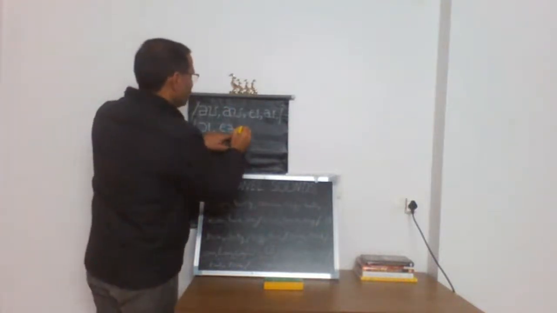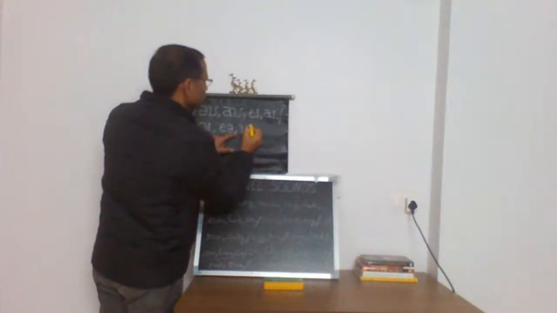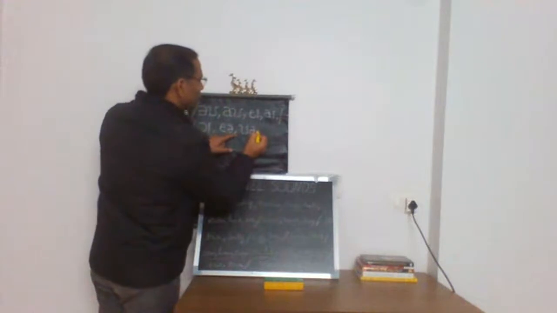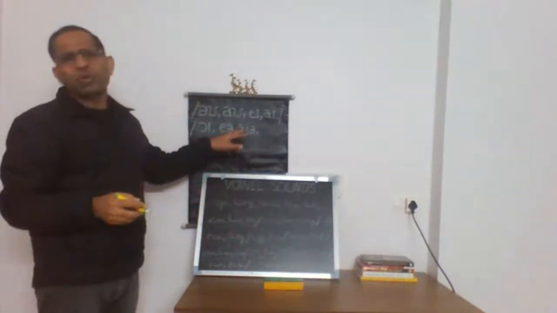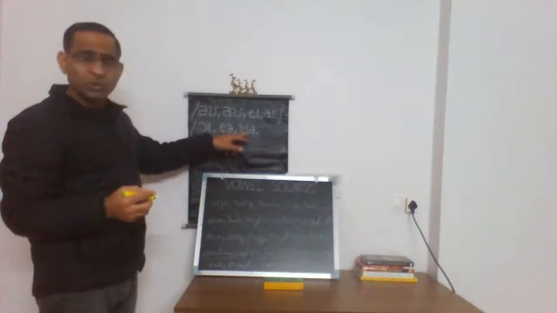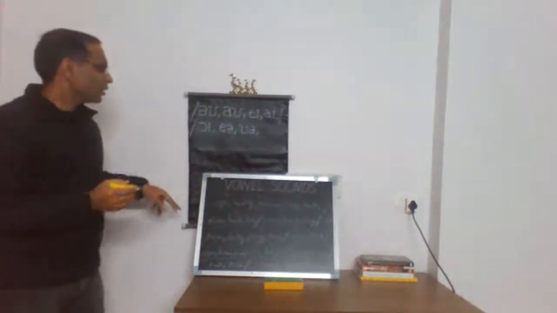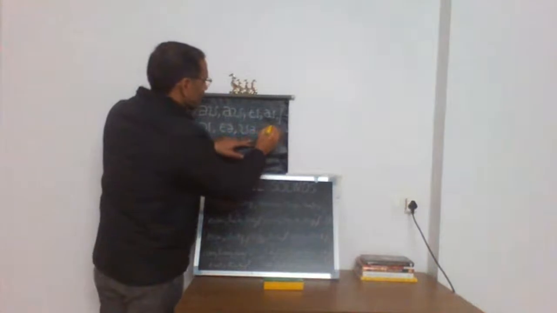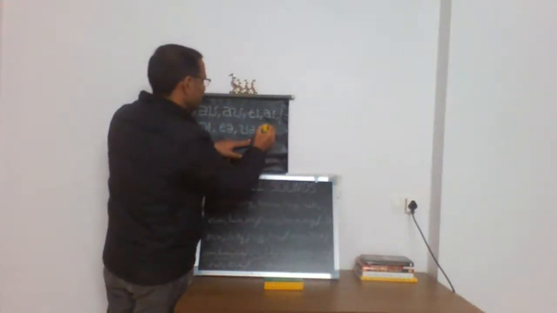Then o, this sound is used when we pronounce words like poor and sure, and then the last diphthong, that is ear.